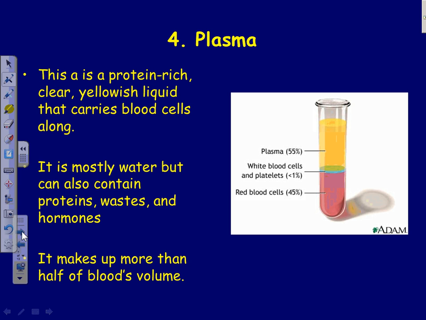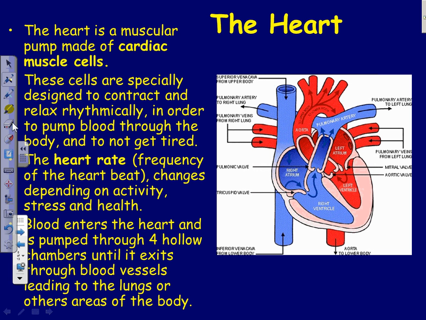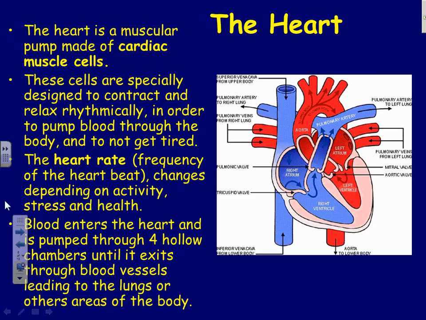All right? Okay. Click. The heart itself, I guess we jumped ahead and didn't fill in the blank on that one, so we'll just keep going with this. The heart is a muscular pump made up of cardiac muscle cells. Those are a very specific type of muscular cell, and again, they beat involuntarily.